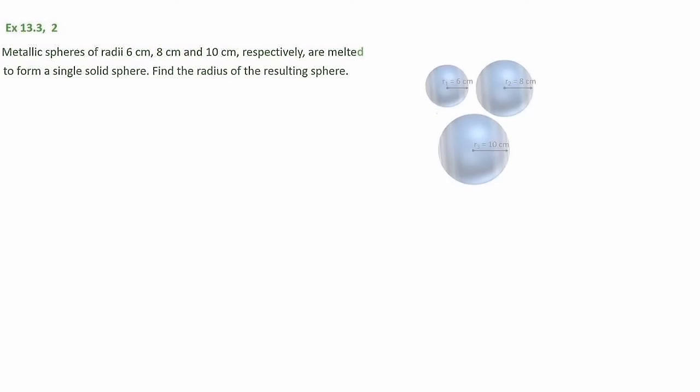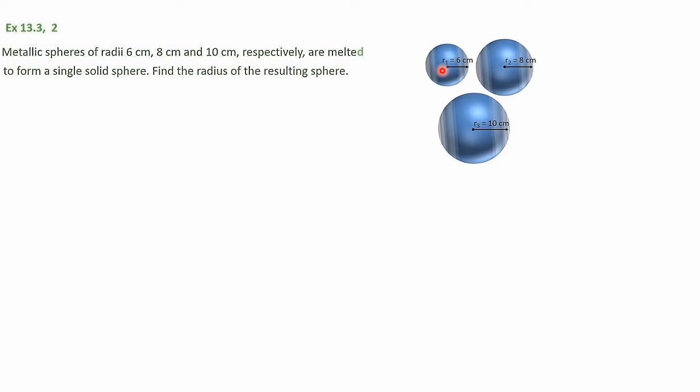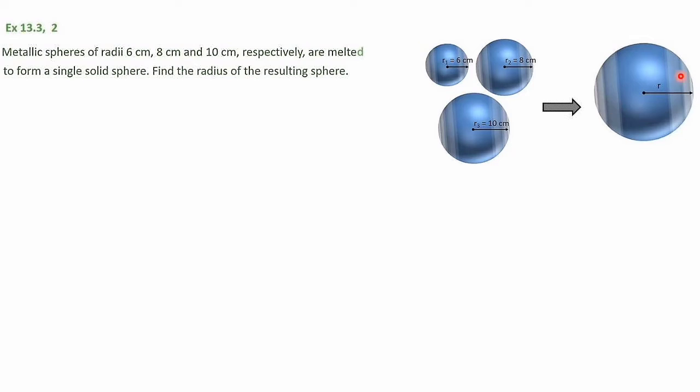So let's visualize the question. There are three spheres. The first one is this smaller one, that is 6 cm radius, this is 8 cm radius, and this is R3, 10 cm radius. These three spheres we are melting and recasting into a single solid sphere, which is somewhat bigger. Let's take its radius as R, because we don't know the value of R. We are asked to find the value of R, or the radius.